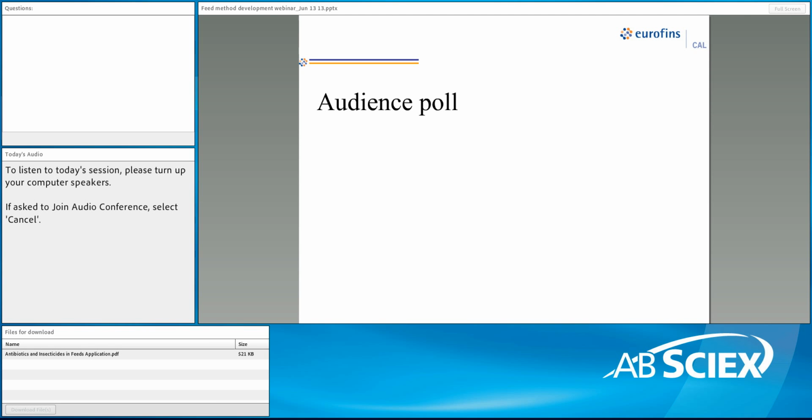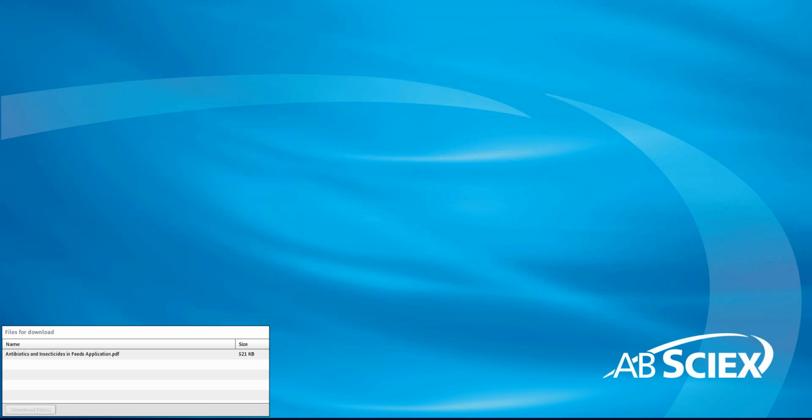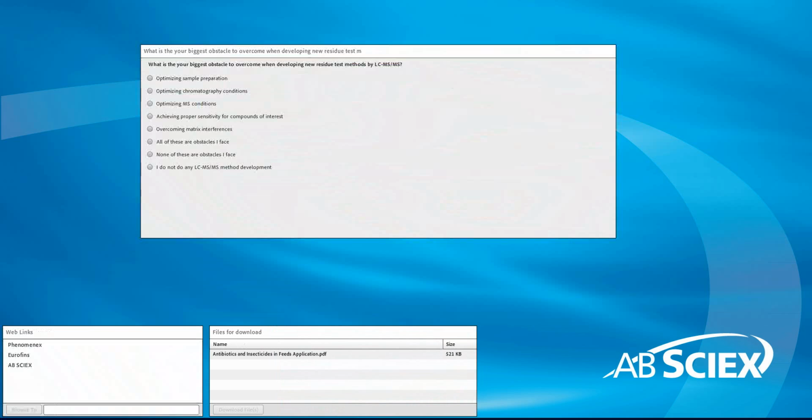So I'm going to turn this over to Lauren for a second for an audience poll. Okay, so to get started, we wanted to poll you guys and ask you, what is your biggest obstacle that you have to overcome when developing new residue test methods by LC-MS? Is it optimizing the sample preparation, optimizing the chromatography conditions, optimizing the mass spec conditions, achieving the proper sensitivity for your compounds of interest, overcoming matrix interferences?